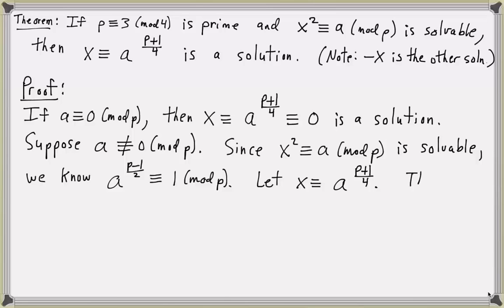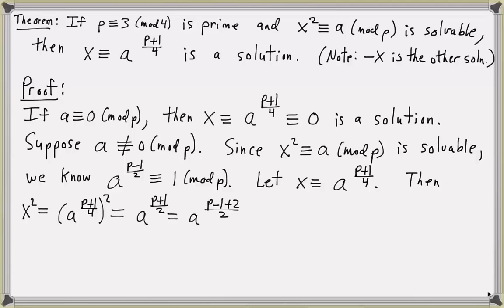Then x squared equals a to the p plus 1 over 4, the quantity squared. If I simplify the exponent, this will just be equal to a to the p plus 1 over 2. And I can break up this exponent. This is the same as a to the p minus 1 plus 2 over 2.